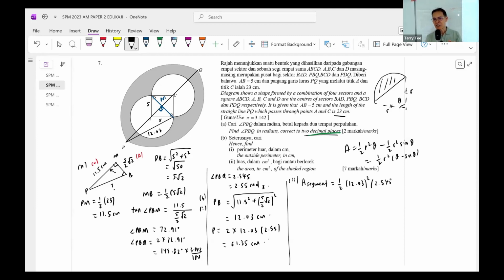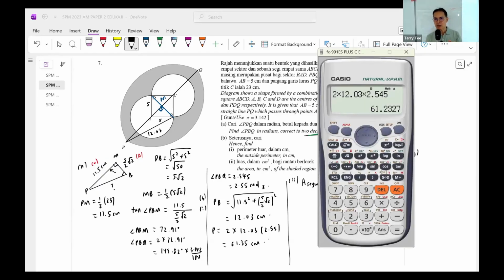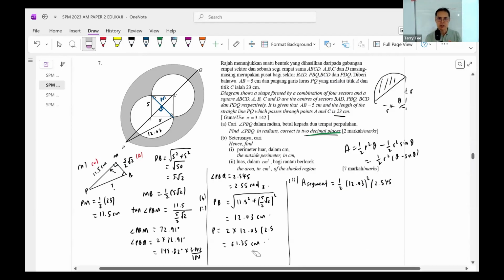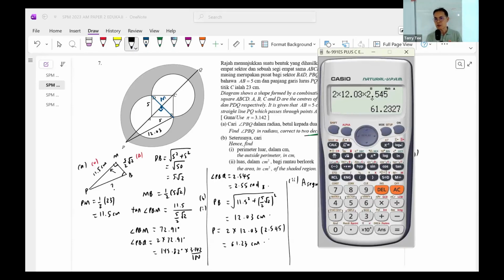I feel that it's not accurate. 2.55 is very off. Just now, what do I get? 61.23. So maybe I just use more decimal points. Sorry, I changed my mind because it's quite a big difference. Okay, everyone, 61.23. This one is if I use 2.545.